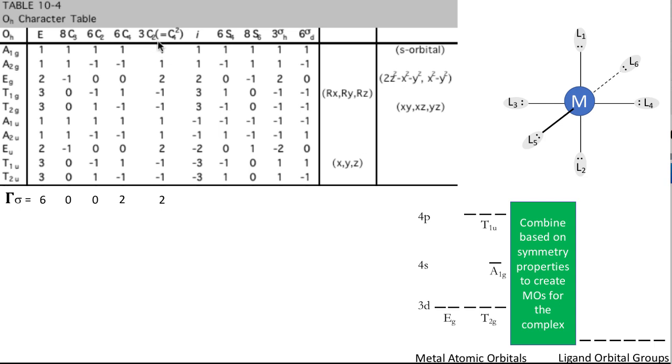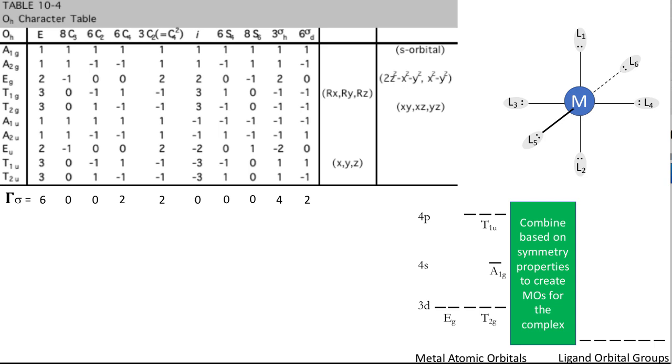Okay, so the rest of those you can pause here and try out to work out the character under each of the other operations for our ligand orbitals. And what you get is 0, 0, 0, 4, and 2. Okay?